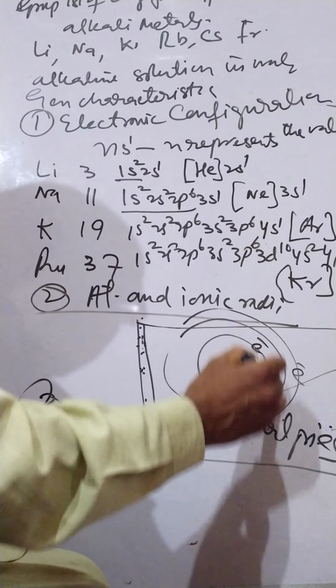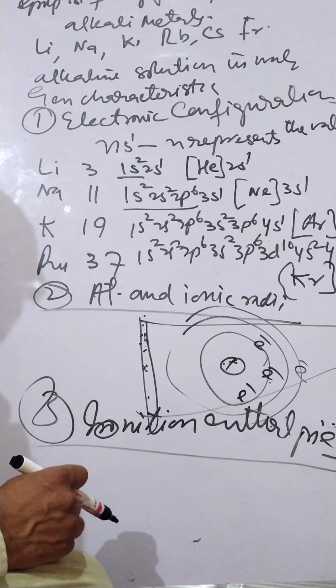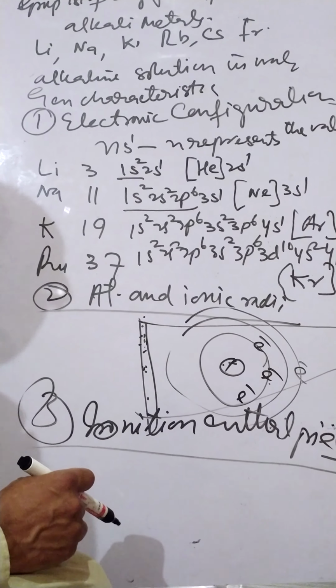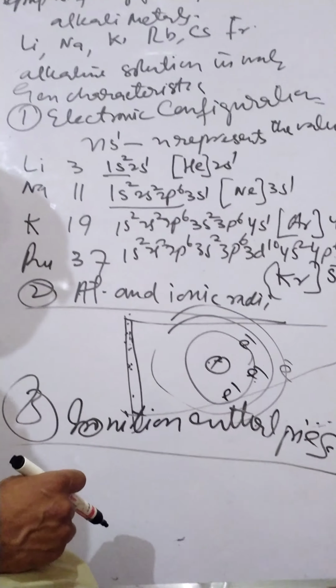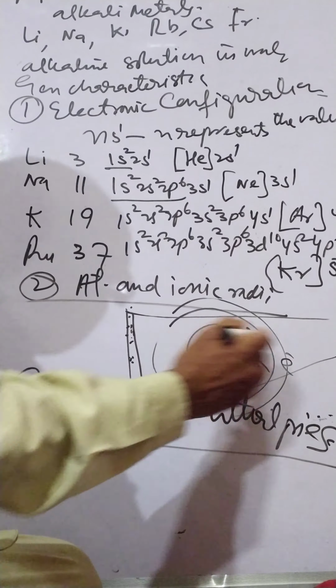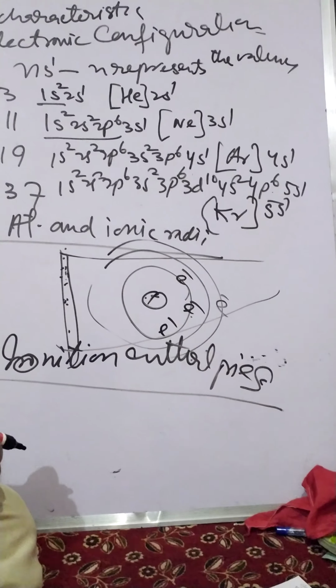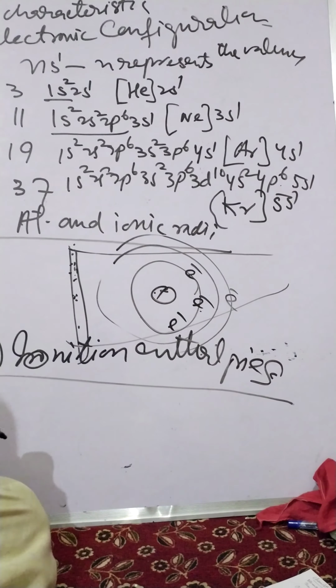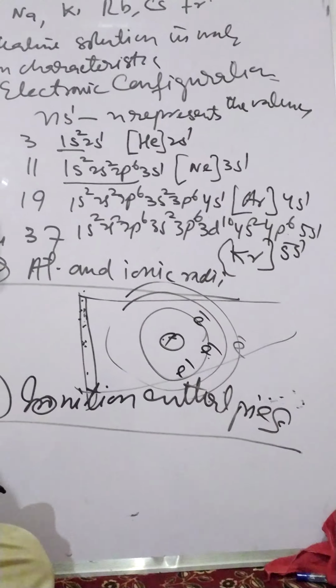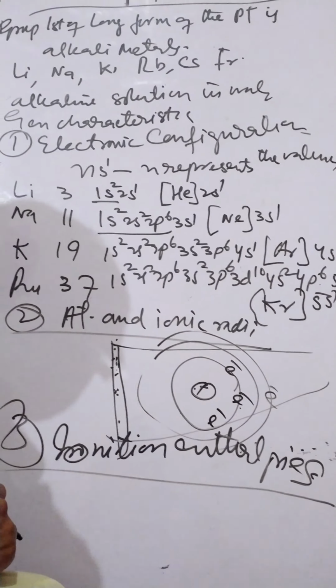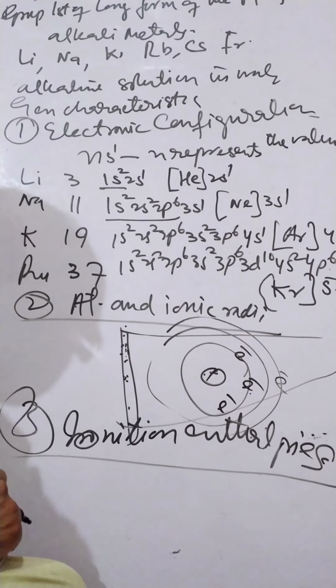And there is this screening effect also, which reduces the force of attraction of the nucleus for the outermost electron. As a result, these electrons become looser and looser as we move down the group, and this leads to the decrease in ionization enthalpies. Okay, so this is ionization enthalpy.